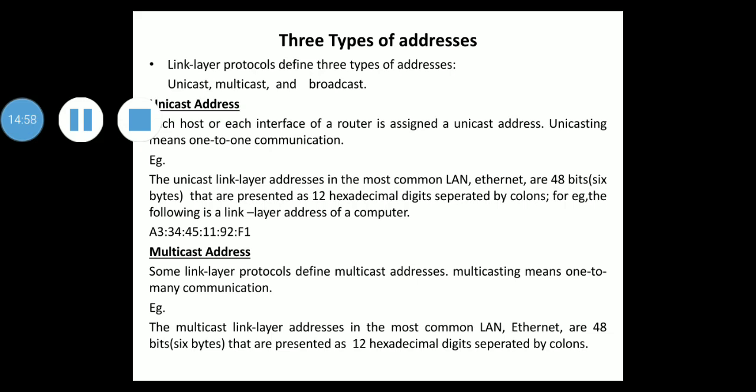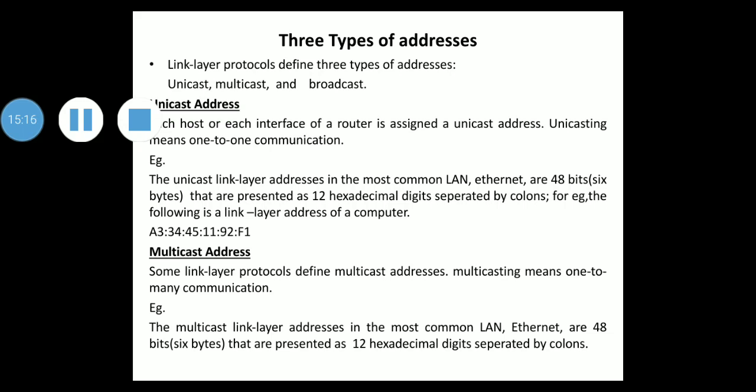For example, the unicast link layer addresses in the most common LAN, Ethernet, are 48 bits, which are 6 bytes, presented as 12 hexadecimal digits separated by colons.